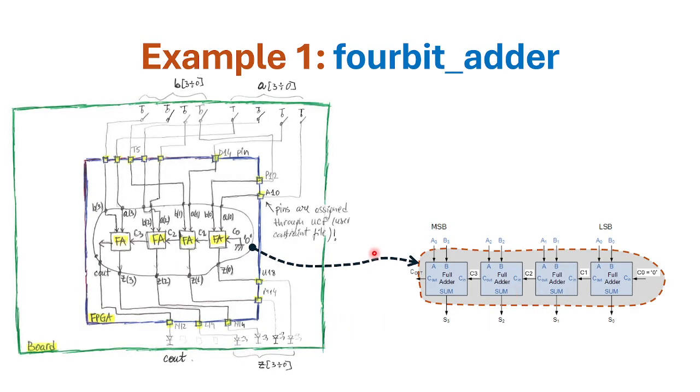Here are a couple of examples that we already looked at to create a better image of what a block diagram within our context looks like. So remember the 4-bit adder that chains up 4 individual 1-bit full adders like so.